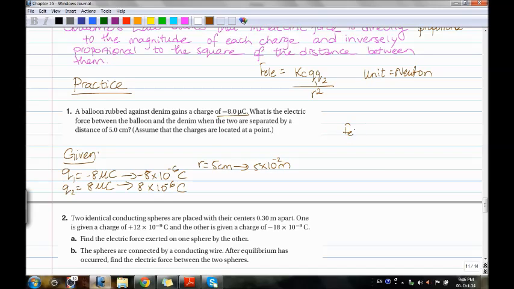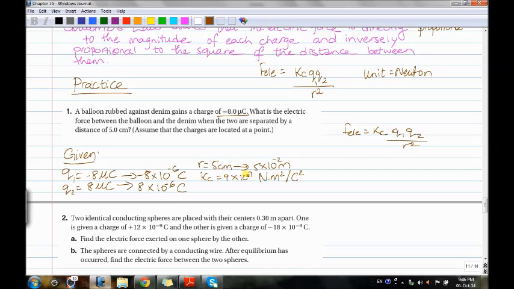So I apply the formula. We said that Kc is 9 times 10 to the power of 9 Newton meter squared per Coulomb squared. So Kc Q1 Q2 over R squared.